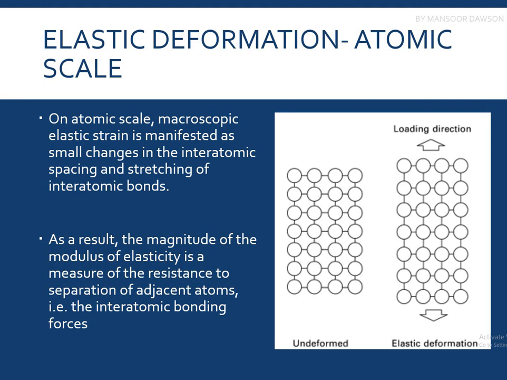So what happens when we deform any material or specimen in the elastic range is, when we apply a load, when we stretch it, the interatomic spacing is increased, and interatomic bonds are being stretched, and the forces are being compromised now.